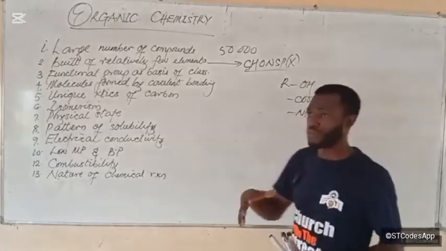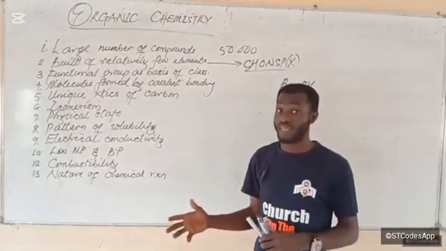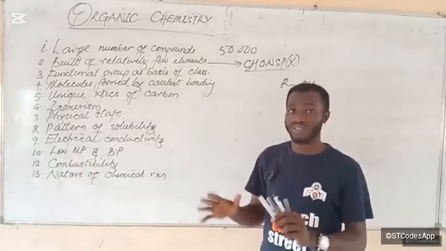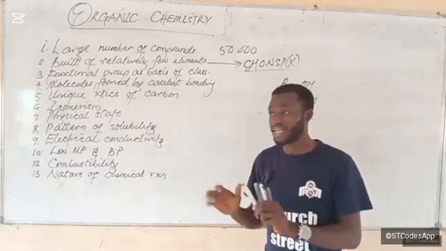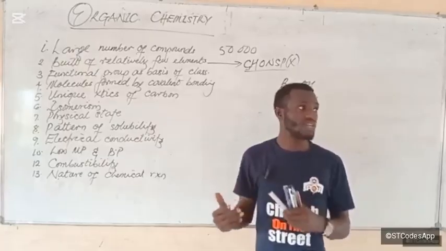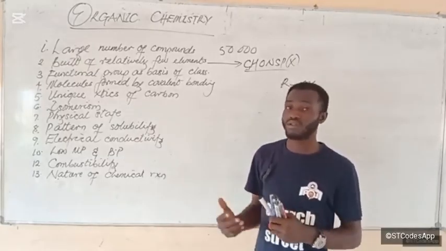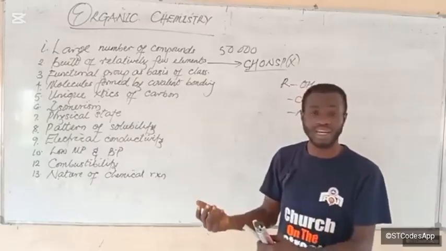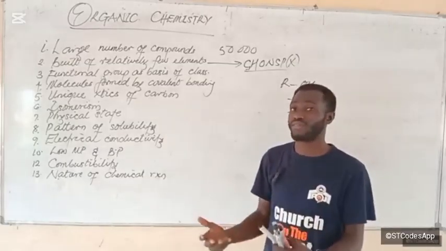These functional groups help us classify them, and that makes organic chemistry relatively easy, and organic compounds easier to identify, easy to describe, and even easy to predict their reactivity.